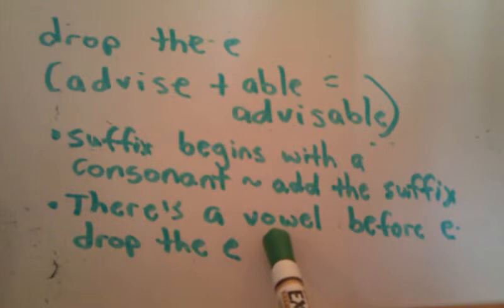If there's a vowel before the E, even if it's two E's, you're going to drop one of the E's, if the ending ends in or begins in E.